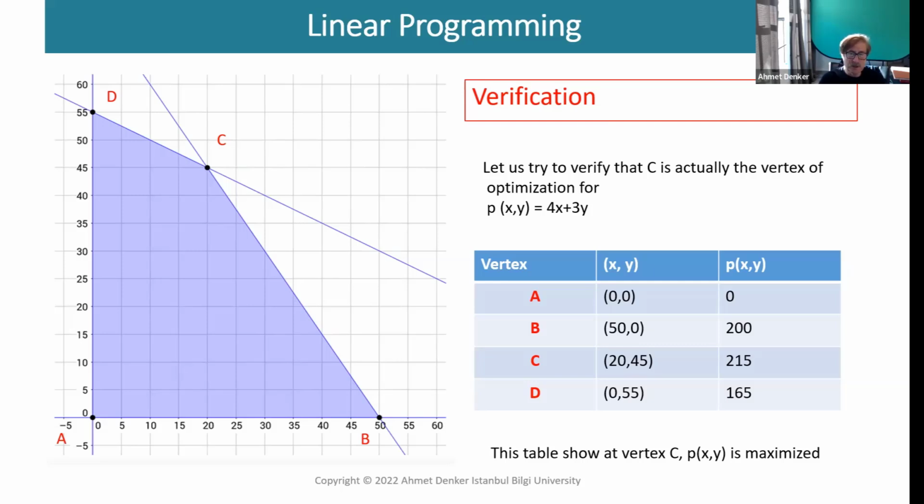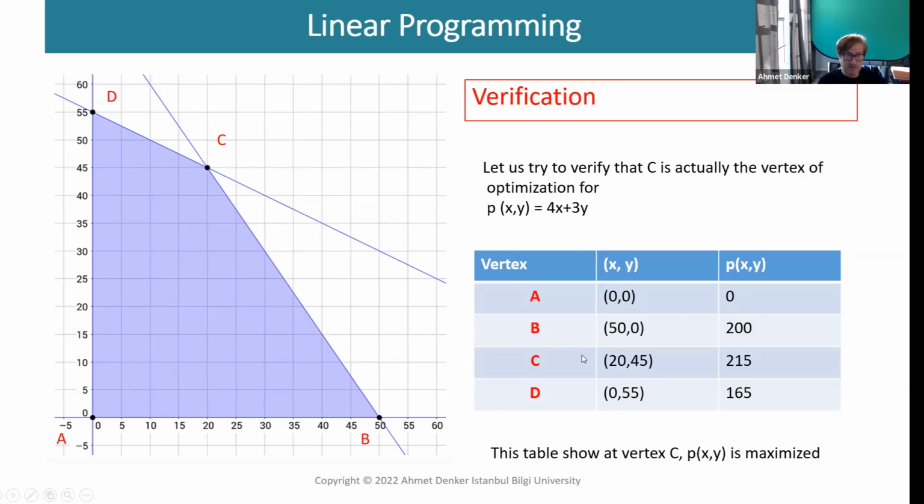If I cannot do anything else, I can check the vertices and see if each of them gives the optimal value. At vertex A, x and y are 0, 0, and P is found as 0.